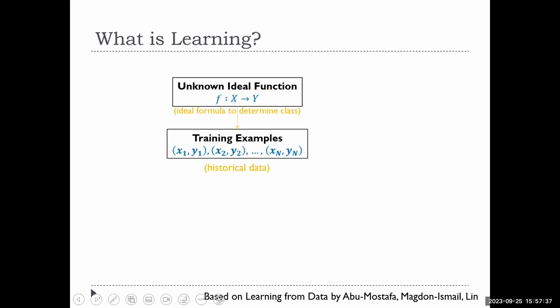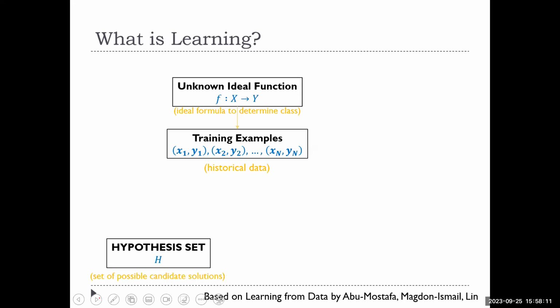If a person is likely to make payments, then we should give the credit. But how can you know whether the person will make or miss the payments in the future? There are too many factors that we cannot control. We just look at the existing time. But let's say there is an excellent ideal function that tells you this person should be given credit and this person should not, and it always makes the correct decision based on the current X values. That is the ideal function, but we don't have it.